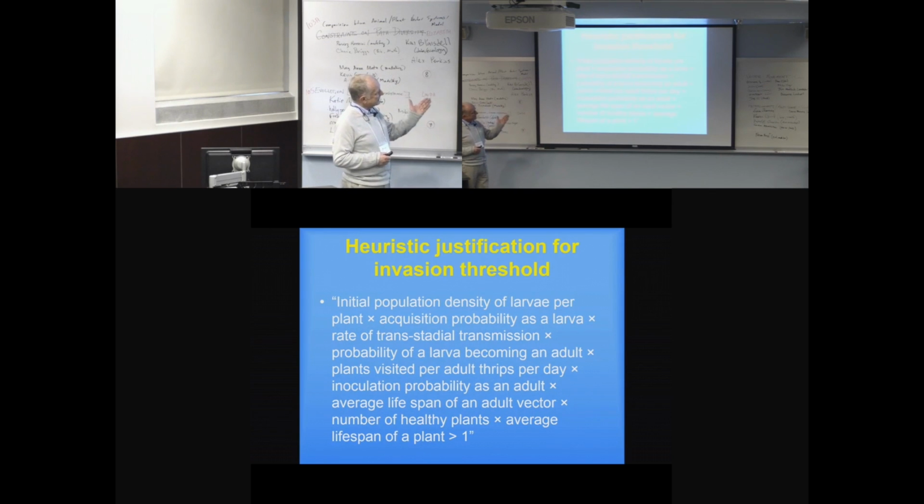I'm putting this up in full because, again, it shows to me how important it is when you derive a threshold, or an R0 for that matter, that you can actually go through the sequence in words to explain what's going on.